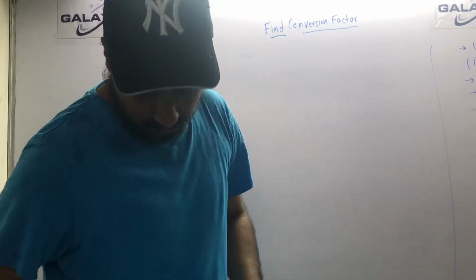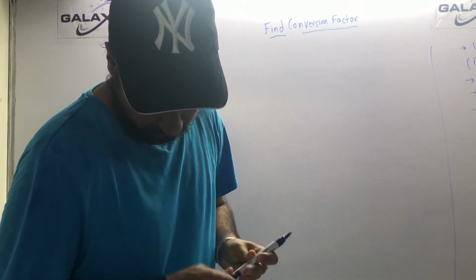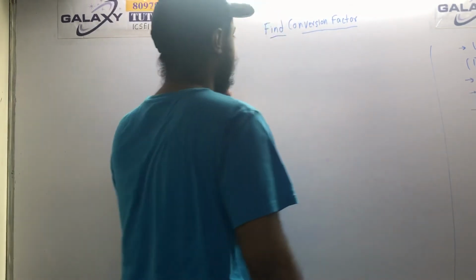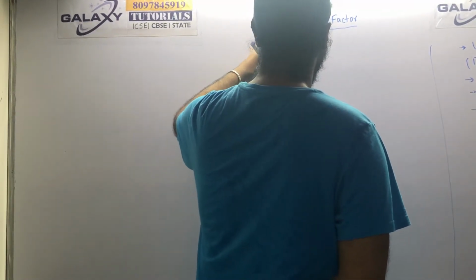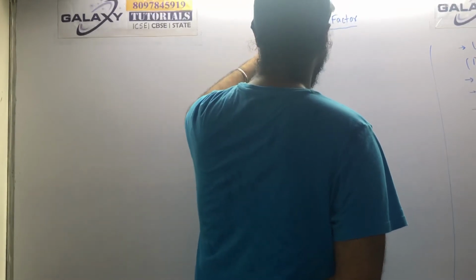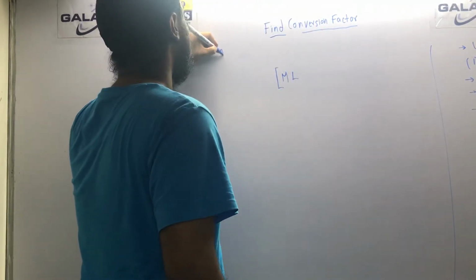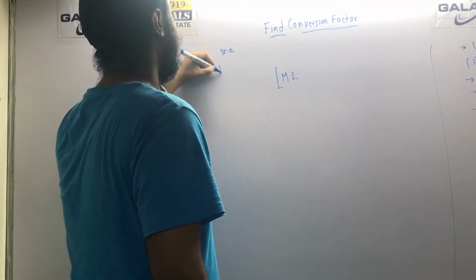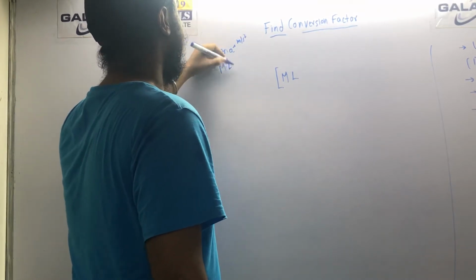Let's convert both of them. On the left hand side, force will be mass into acceleration. Acceleration is meter per second square, so that will be M L T minus 2.